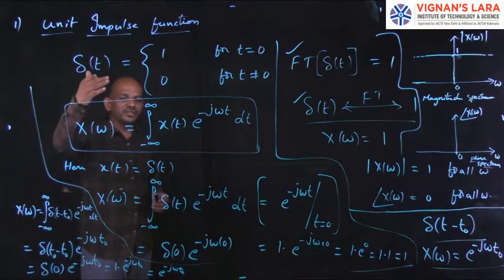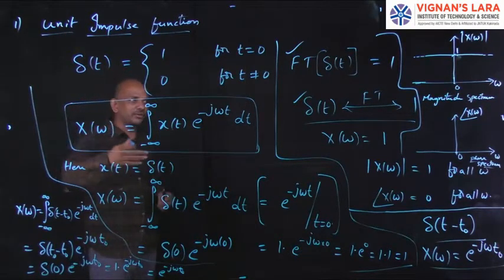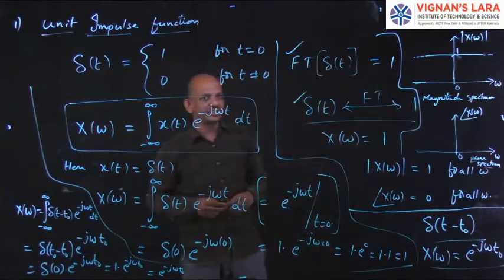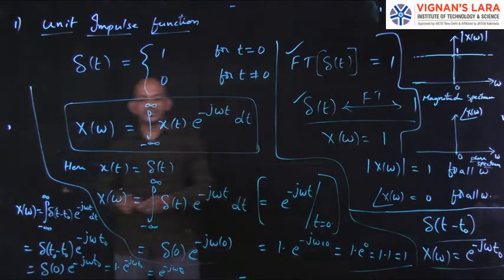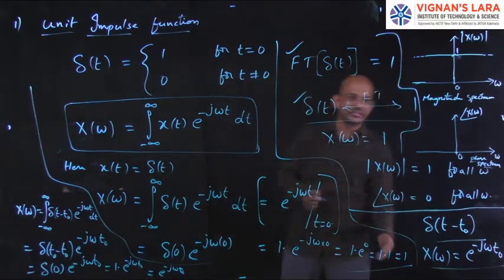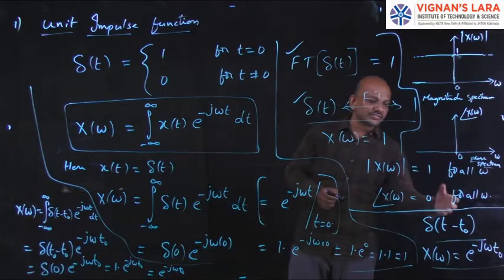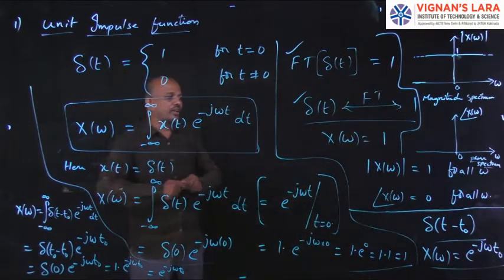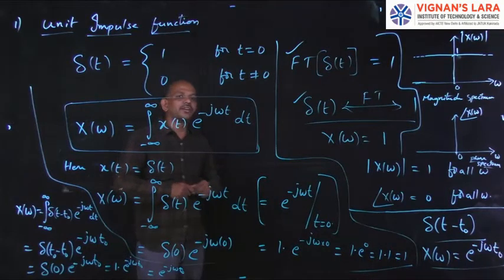For that I went for the Fourier transform, and then for the magnitude spectrum and phase spectrum. Finally I asked you what is the Fourier transform of del of t minus t naught, and I got the answer e power minus j omega t naught.